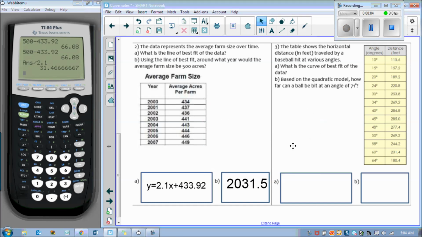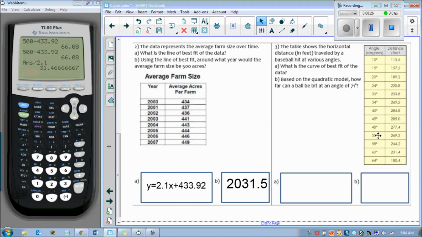The last example problem says the table shows the horizontal distance in feet traveled by a baseball hit at various angles. So the distance is here. This is how far the baseball is going. And the angle is here. It's at 10 degrees. When you have a fairly level baseball bat, it's going 115 feet.